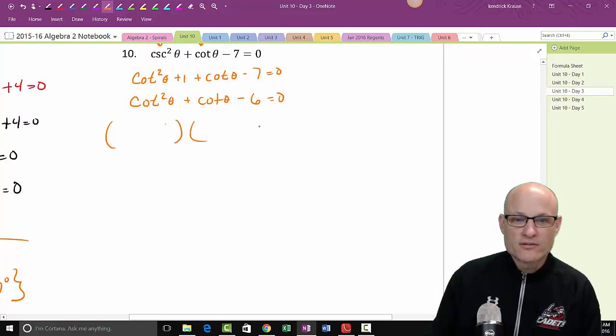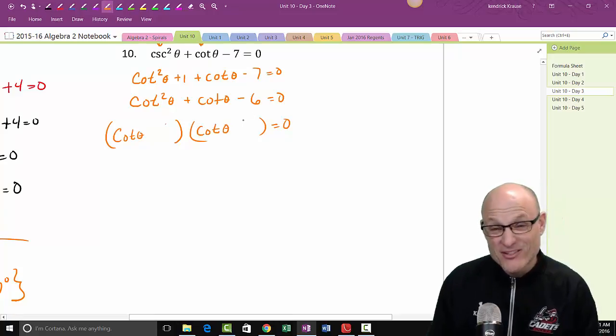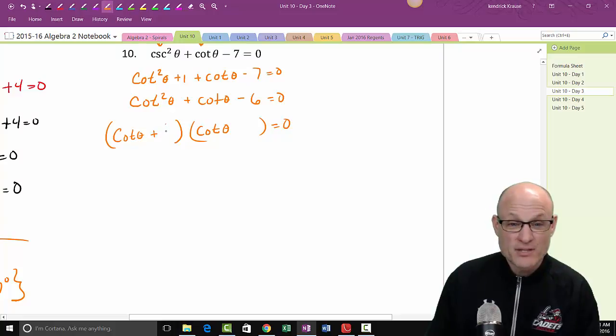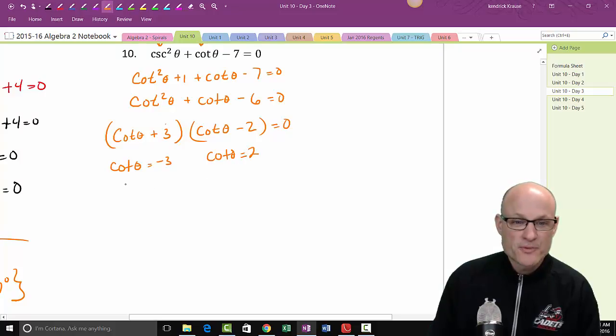It's cotangent theta, cotangent theta. Multiply to negative 6 and add up to positive 1, plus 3, minus 2. We've already done these before. This one gives me cotangent theta equals negative 3, and cotangent theta equals positive 2.